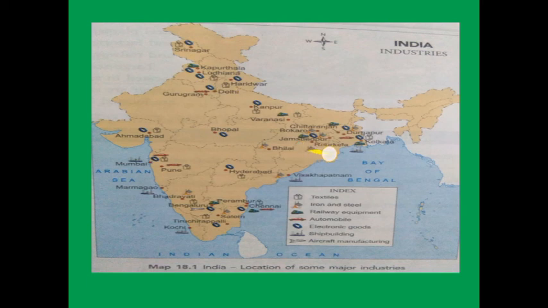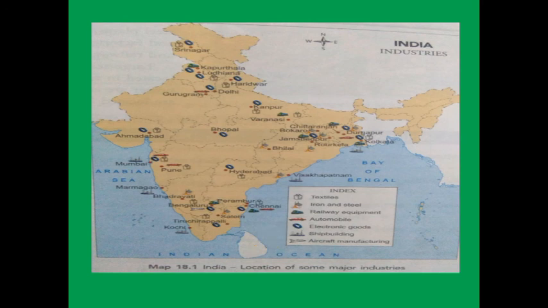Then here in Kolkata also railway equipments are there. Next, Perambur near Bangalore, and Chennai also is there. So in these places you can find railway equipment industries.